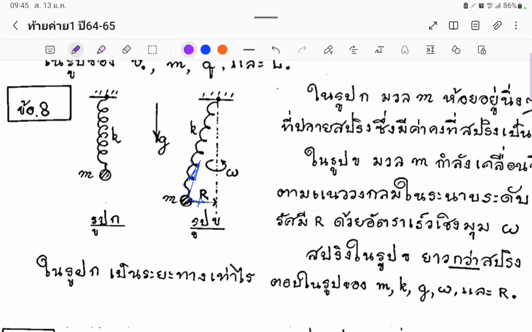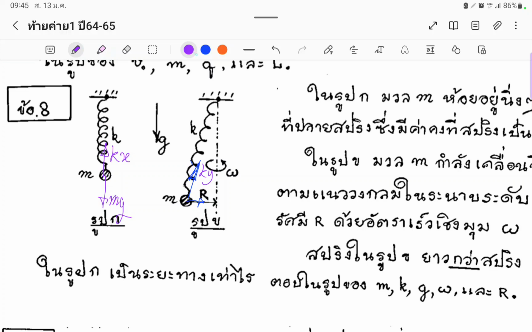If we look at the left one, there is only one spring force, which is equal to mg, and then there's kx here. But in the second one, it's also kx, but that is longer than this x, so we're going to call that y.